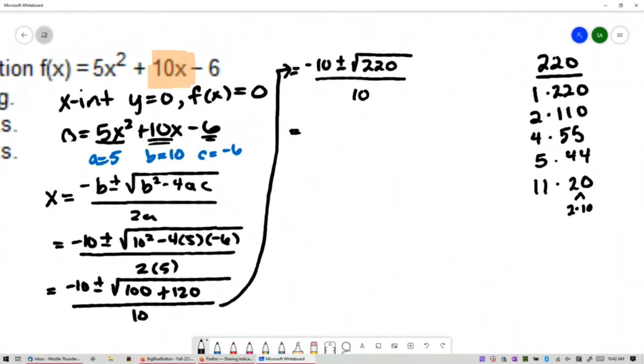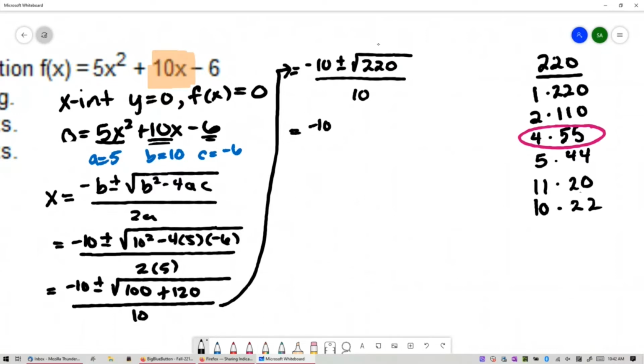Yeah, we skipped 10. So 10 times 22. But if you look at all of these, there's only one of them with a perfect square. 4 is a perfect square, which is 2 squared. So that's the one we want to use so that we can actually simplify the square root.